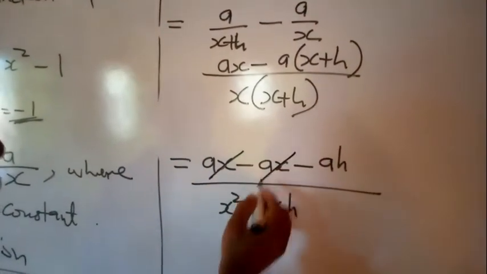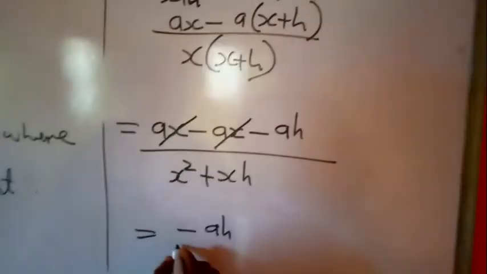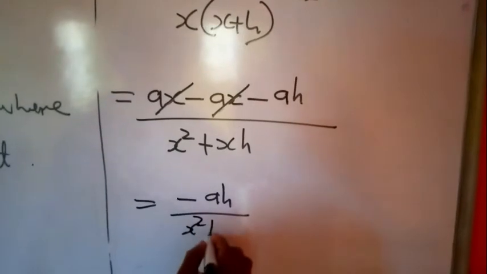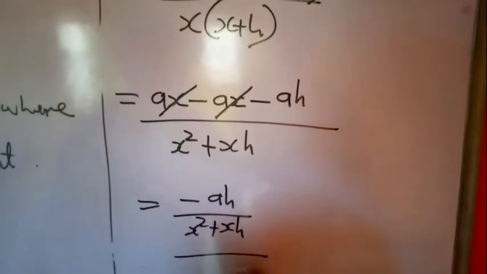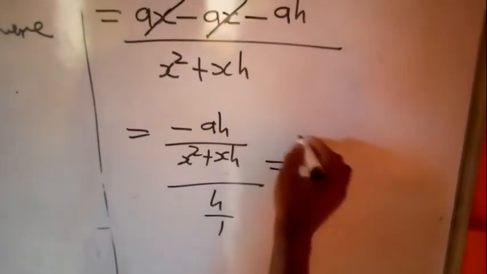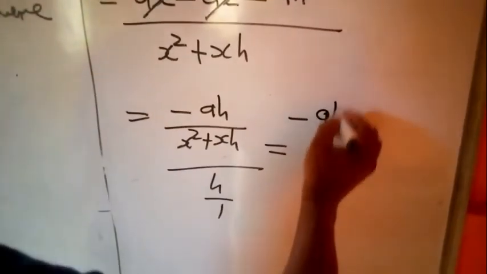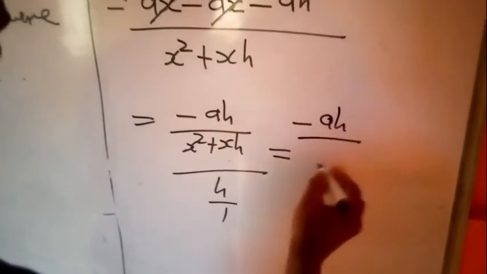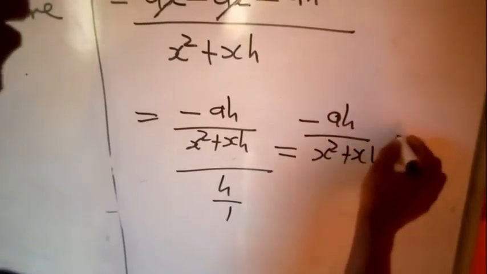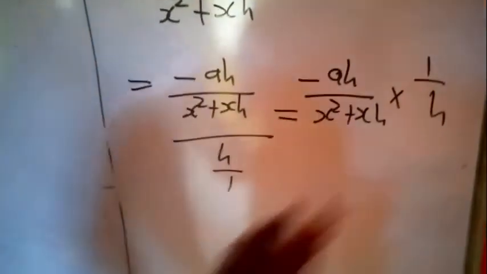So let's try and cancel. This one will cancel this. So you are going to have minus ah over x squared plus xh, over h all over 1. The same thing as minus ah over x squared plus xh times 1 over h. So we are still going to expand this one.